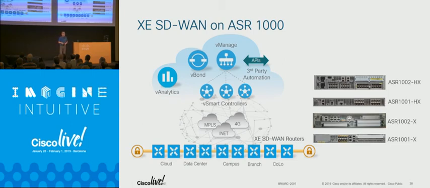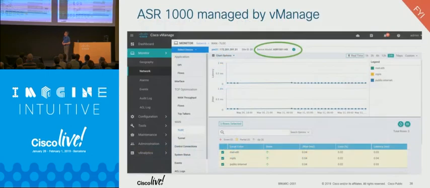At this moment, the modular chassis does not support the SD-WAN architecture yet, okay? So here I took a snapshot from my lab when I was onboarding the ASR 1001-HX into my SD-WAN lab, and you can see that you're able to use vManage to manage this device, where I have 3 different circuits: a Metro Ethernet circuit, an MPLS circuit, and a public internet circuit.